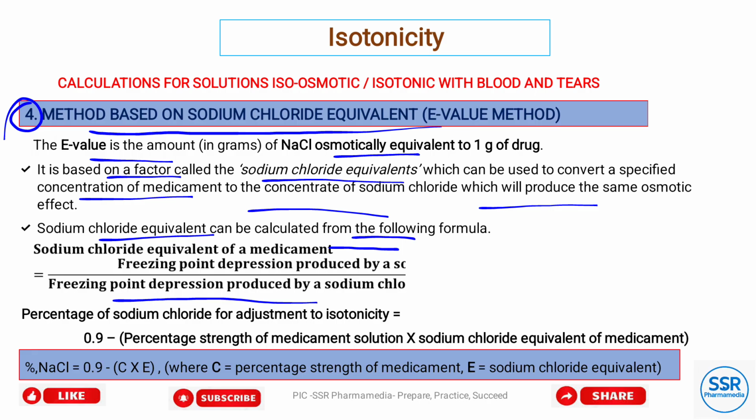So the percentage of sodium chloride for adjustment to isotonicity is 0.9 minus the percentage strength of medicament solution into the sodium chloride equivalent of the medicament. The short formula is 0.9 minus C into E. C means percentage strength of the medicament. E means sodium chloride equivalent.